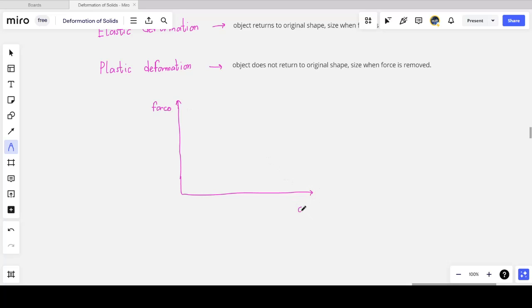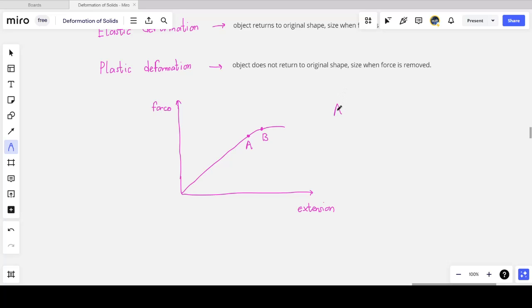And I can just point out some interesting points on this graph. We know that this graph is a straight line up until a point, and we call that point A. Then the graph begins to curve, but there's another point B that we need to mention.